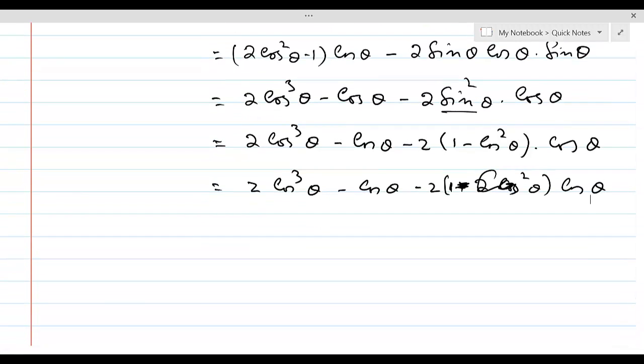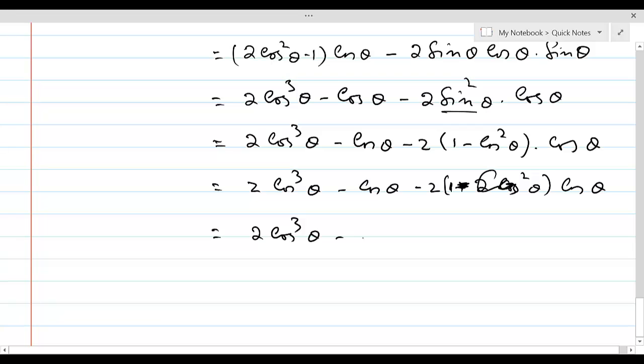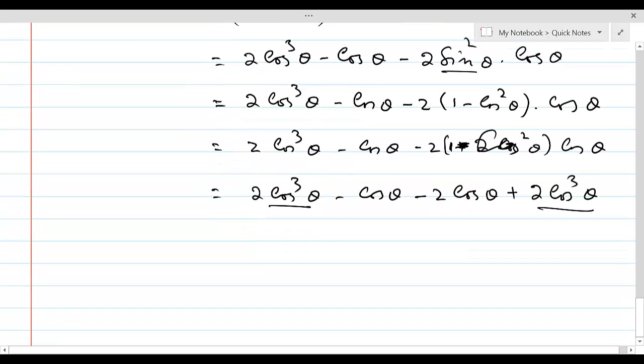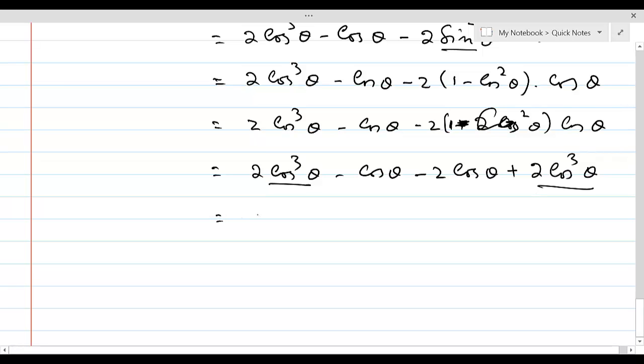So we can do this: 2 cos cube theta minus cos theta minus 2 cos theta plus 2 cos cube theta, and now we can add this and 2 cos cube theta. This will give us 4 cos cube theta minus 3 cos theta, and that gives the proof.